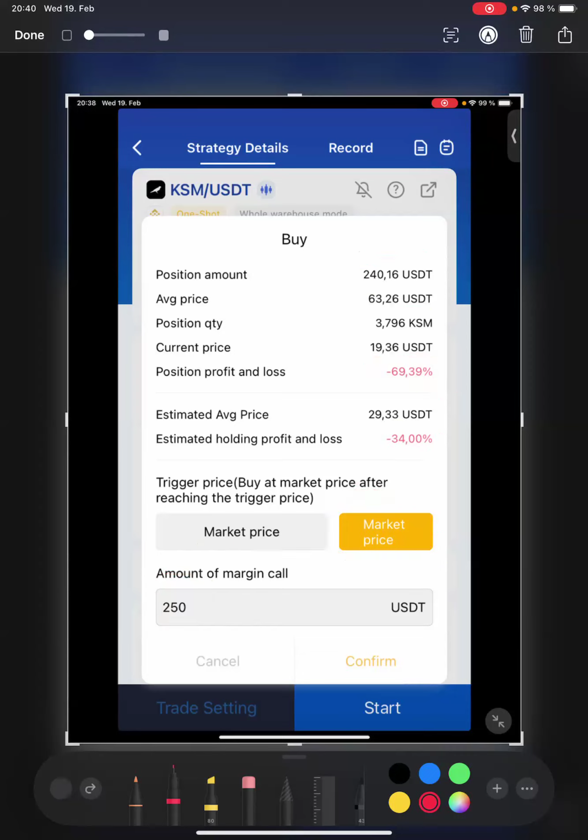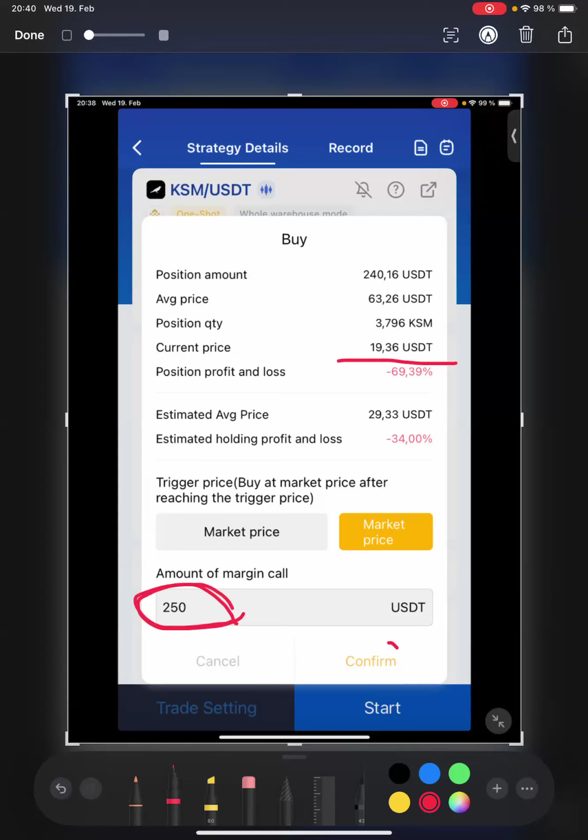So as I said, the floating losses we see are not just there to scare us, but it's because our average price is far away from the current price of the coin. That is why we have huge floating losses, okay? So when I type 250, like I want to buy more of KSM, I invested 250.